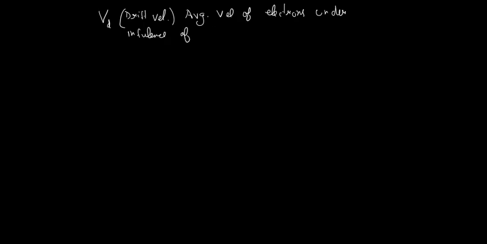So Vd is the representation or symbol of drift velocity. So this is the definition: the average velocity of electrons under the influence of an electric field is called the drift velocity of electrons.